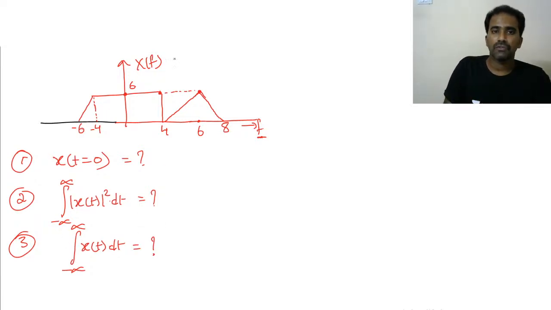Right. So for this graph, using this Fourier transform, try to find these three values. This is going to be your homework for today.